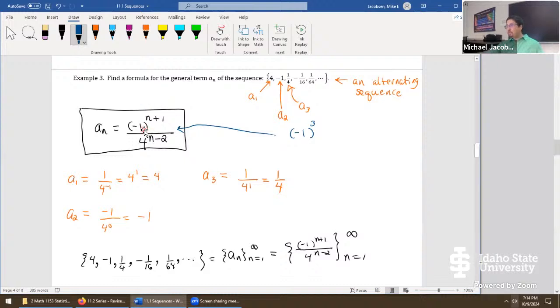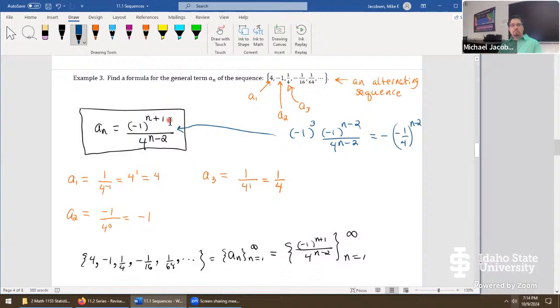We factor out 3 factors of that. This leaves -1 to the power of n minus 2 and 4 to the power of n minus 2. So some people might have done this as their answer: -1 over 4 to the power n minus 2. And that's a totally correct formula as well, coming from that one.